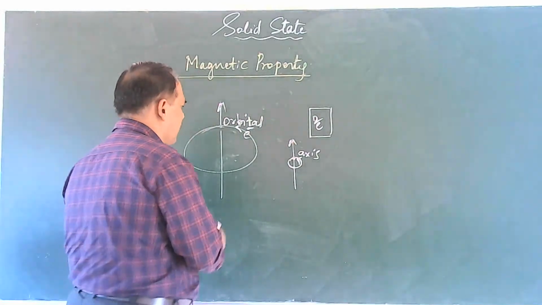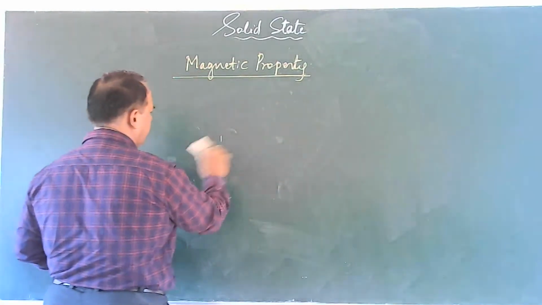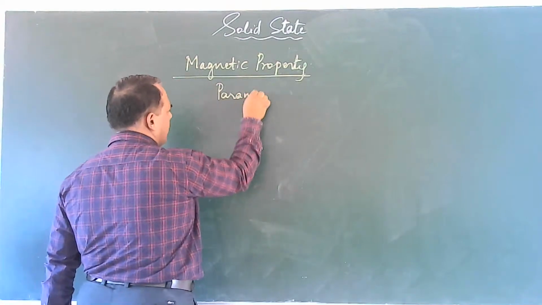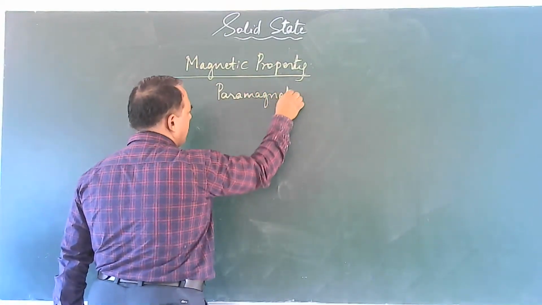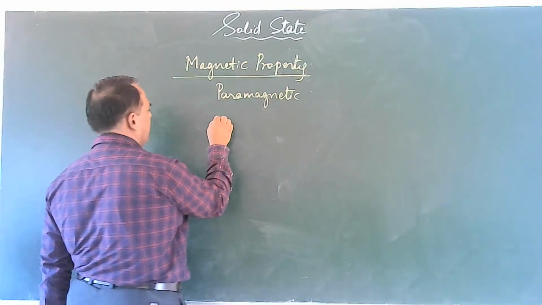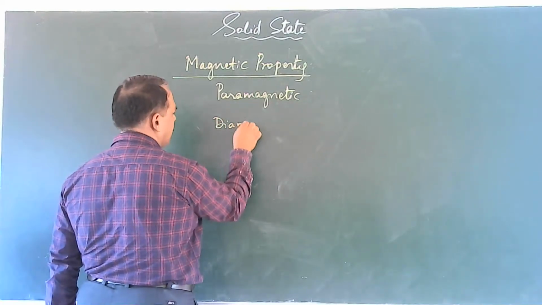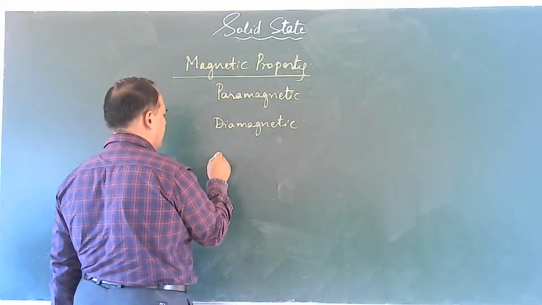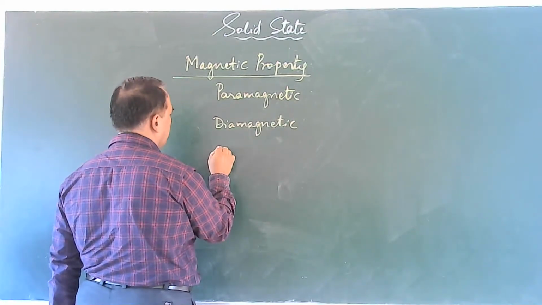The magnetic materials are classified into different types. One is paramagnetic, and another one is diamagnetic, where the magnetic moment is very less, equal to zero.